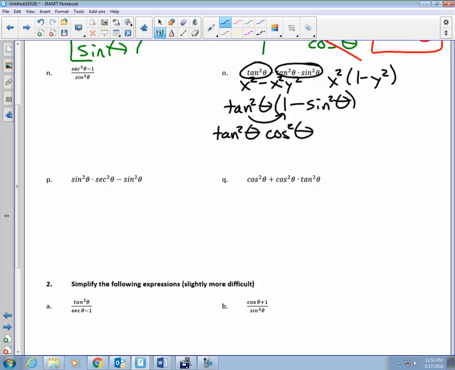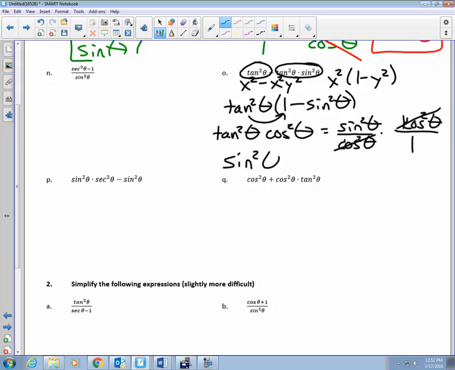Well, tangent squared can be rewritten as sine squared of theta over cosine squared of theta times cosine squared over 1. Cosine squareds cancel, leaving you with sine squared.